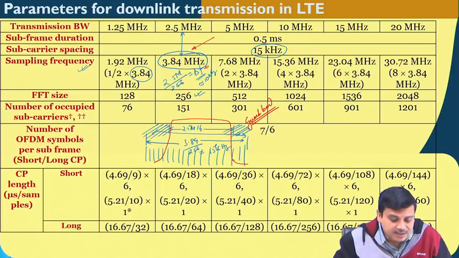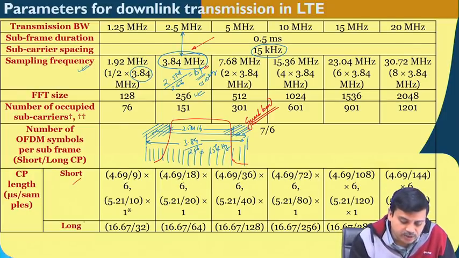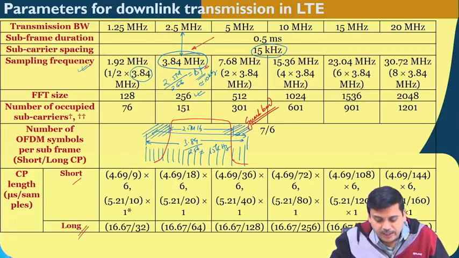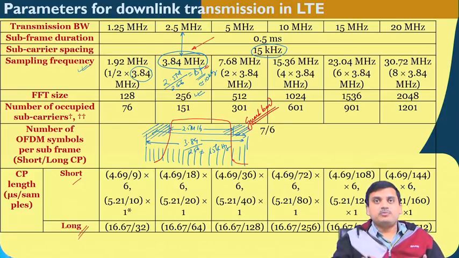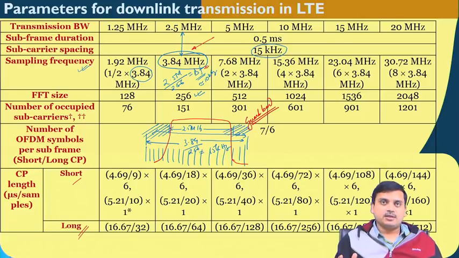And regarding the CP length, there are two options available, one is the short CP length, one is the long CP length, okay. And these are fit into the frame structure in a certain manner that one is able to have an integral frame size. So, we will see them when we are discussing the 5th generation frame structure.